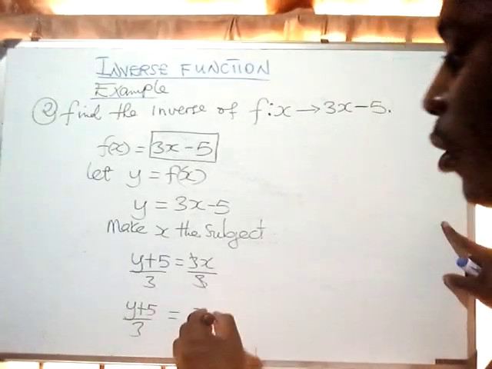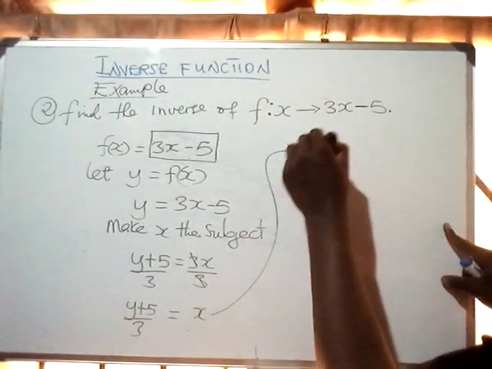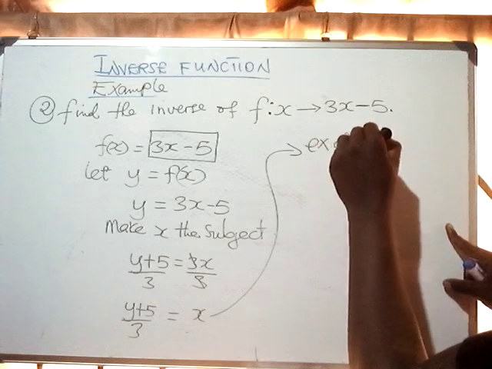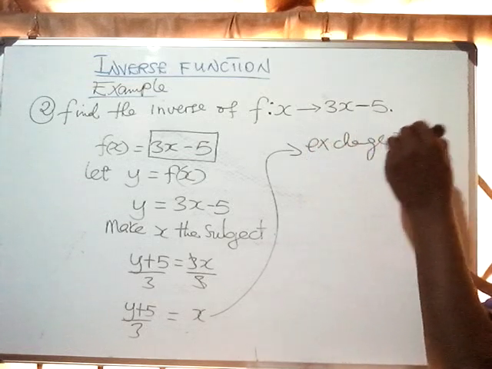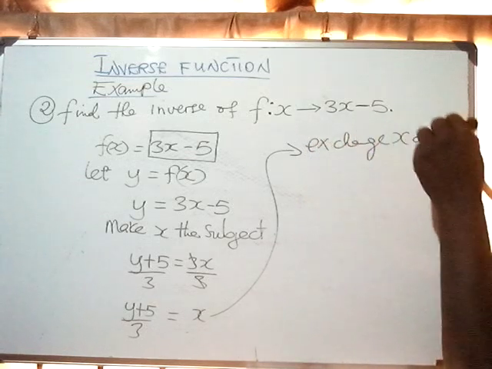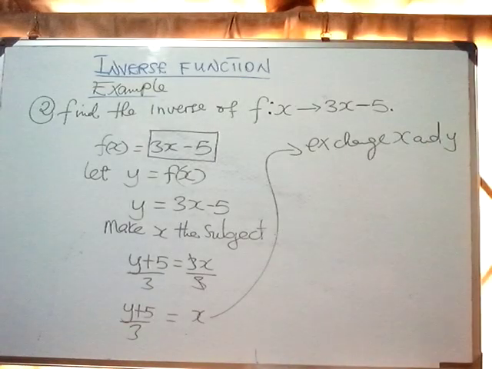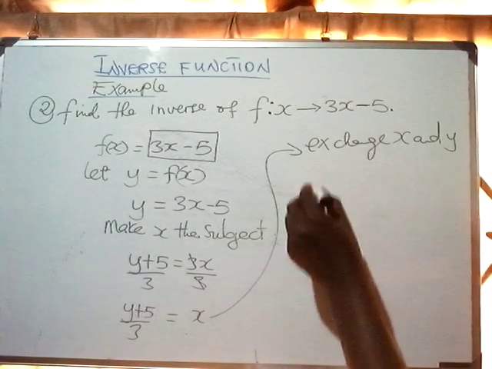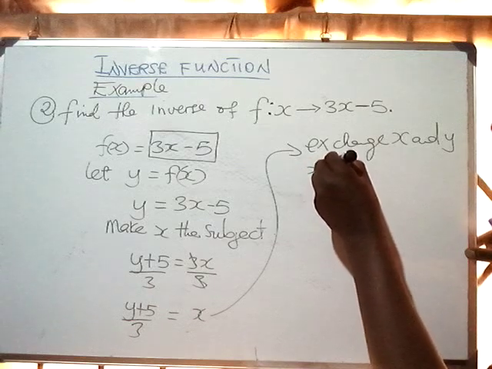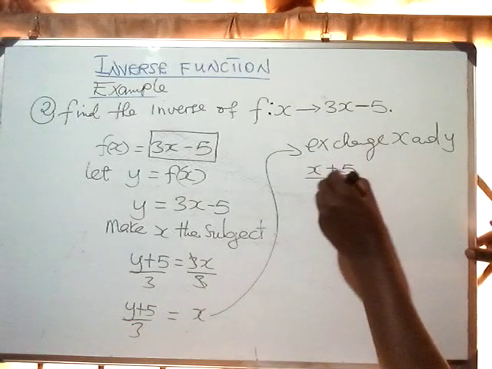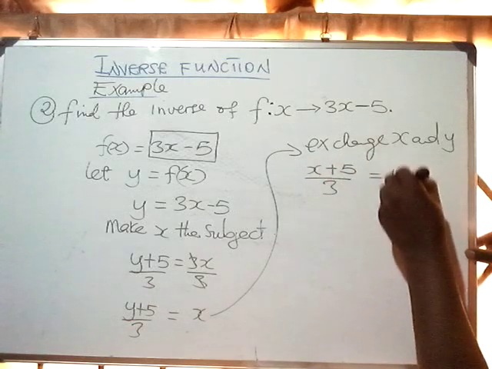When we reach here, we are going to exchange x and y. Where there's x, we put y. Where there's y, we put x. So it will be x plus 5 over 3 is equal to y.